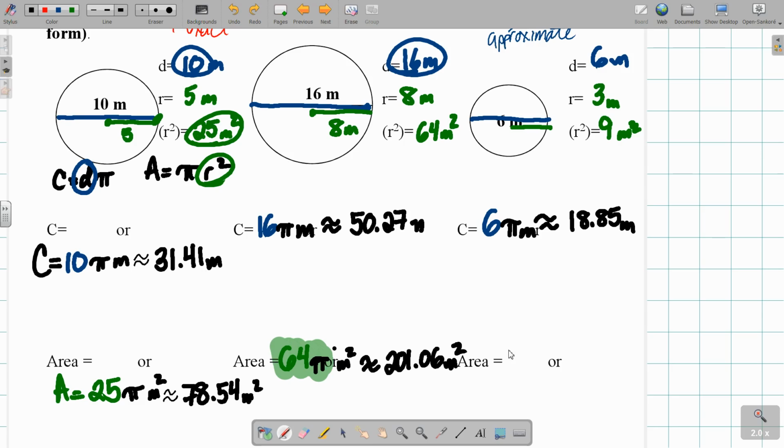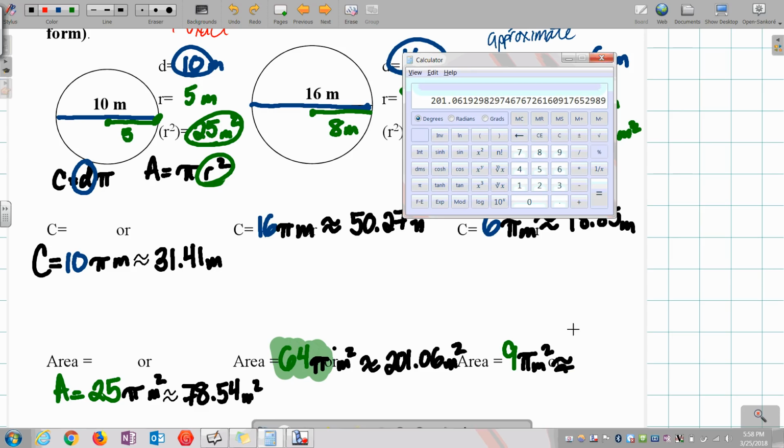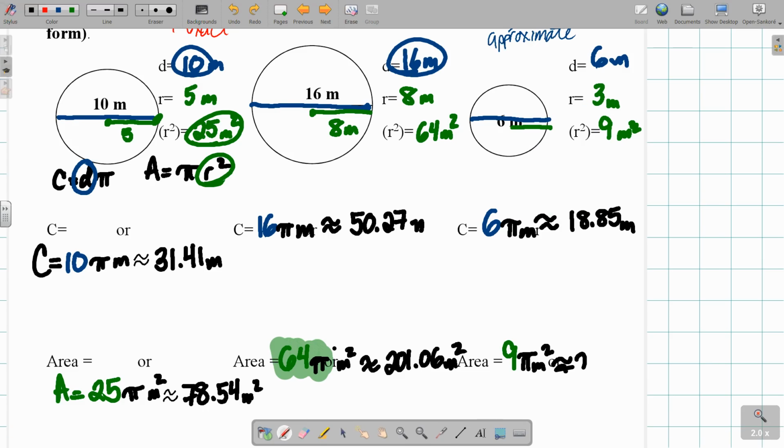Our area, of course, would be 9 pi meters squared, approximately 28.27 meters squared because area is 2 dimensions. Once again, pi form is called exact, and decimal is the approximation.